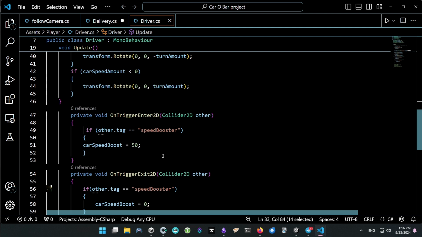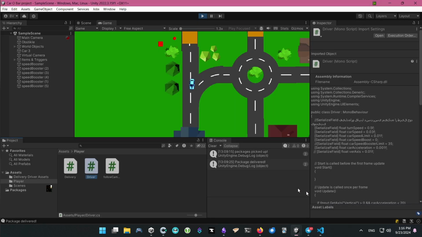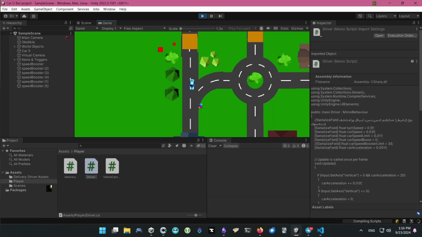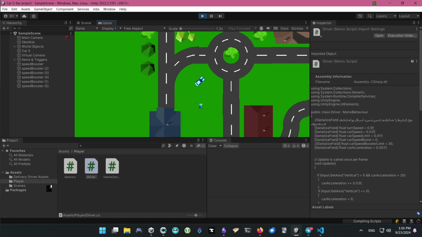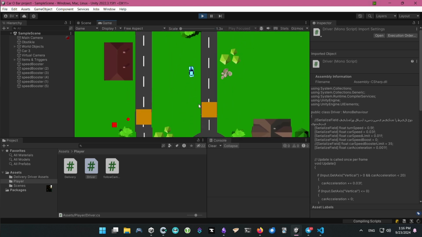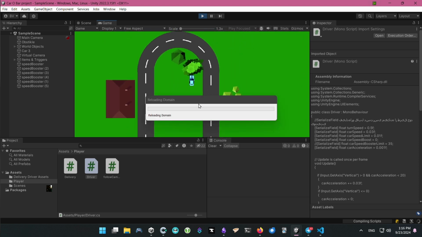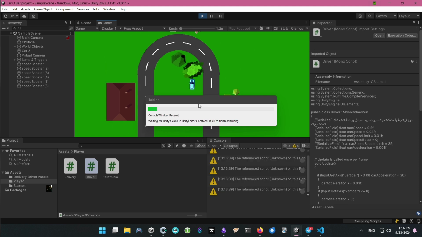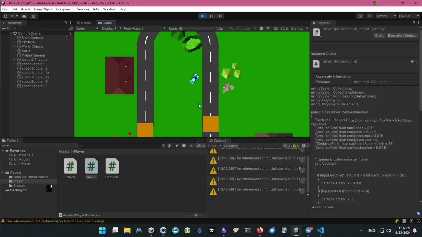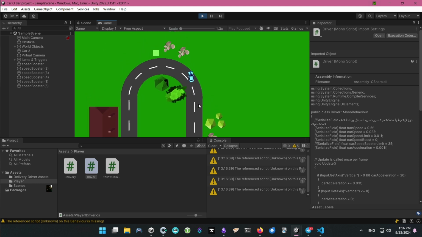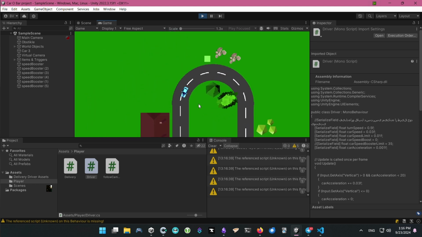So okay, let me show you what I mean. When I go straight and push right, it goes right. When I push left, it goes left.